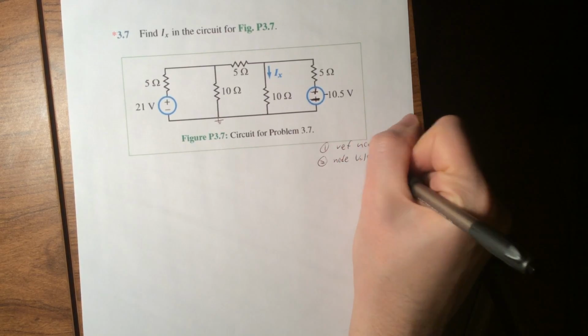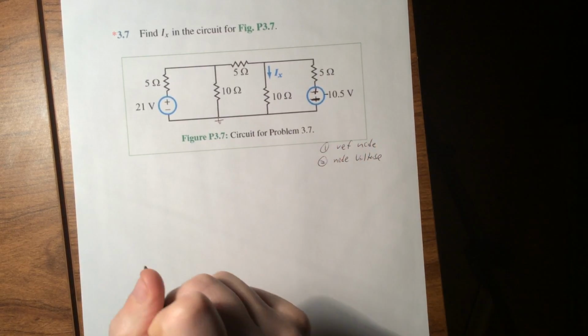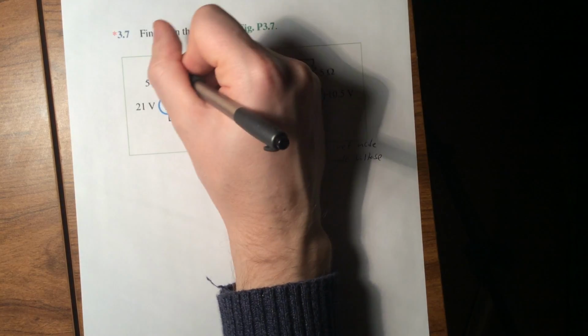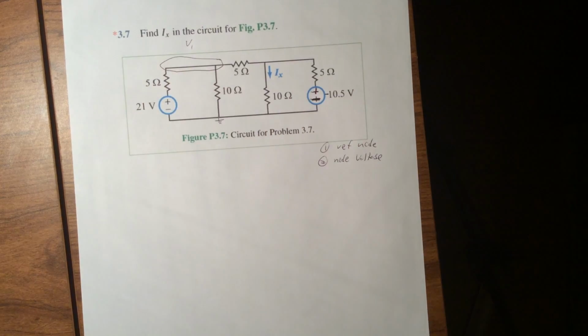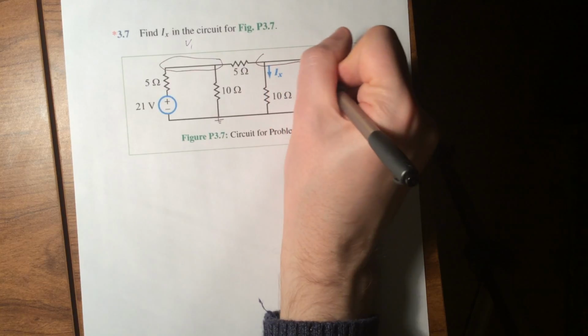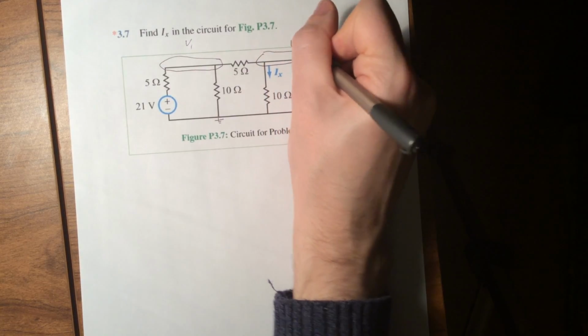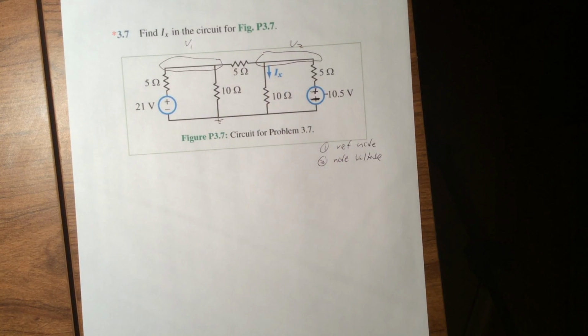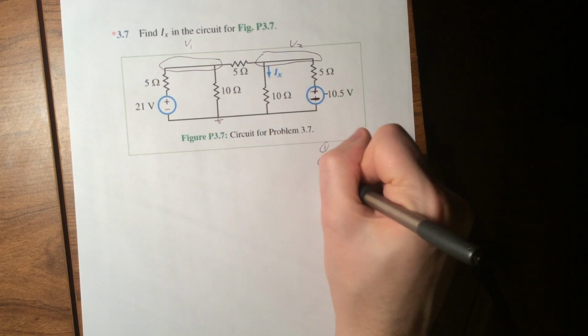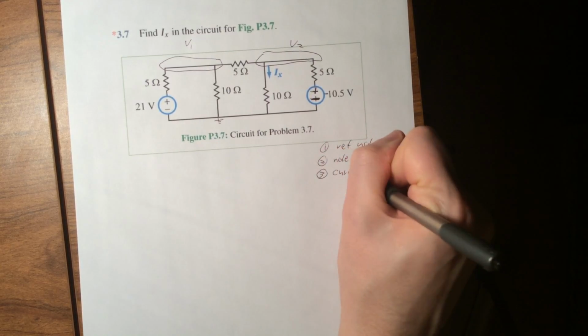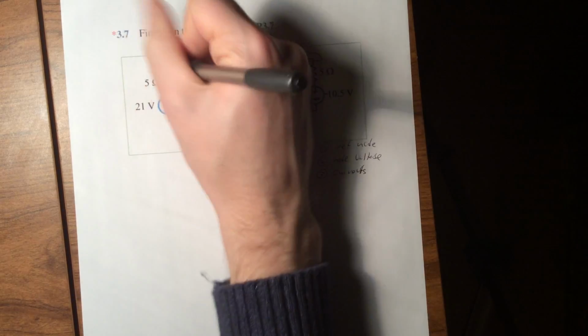Node voltages. So we have to find and label our nodes. This looks like our V1 up there. This looks like our V2 up there. Cool. I like that. All right, 3 currents coming out. So let's draw this.